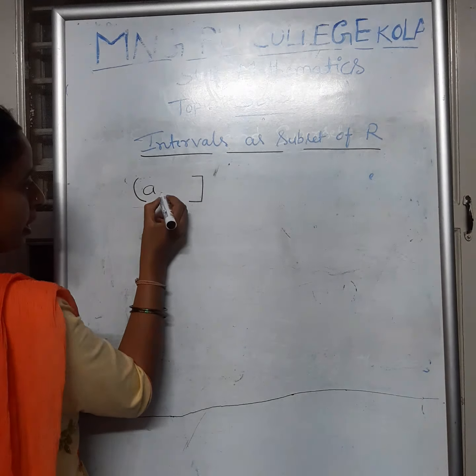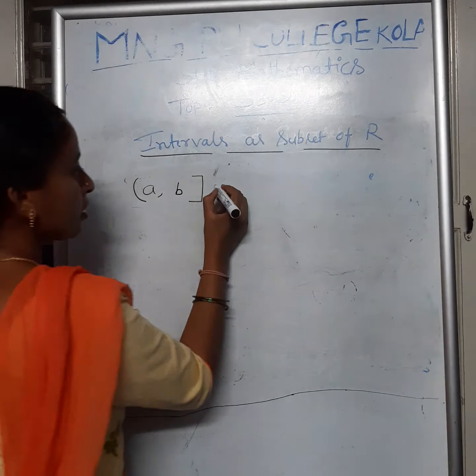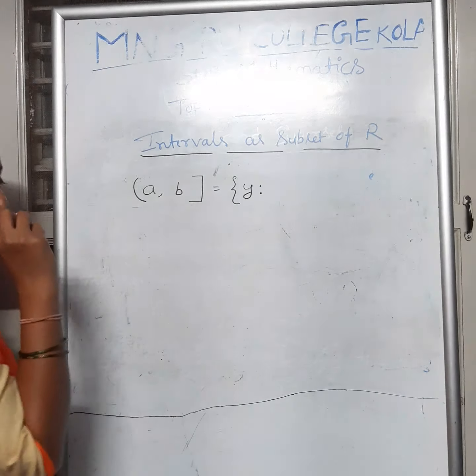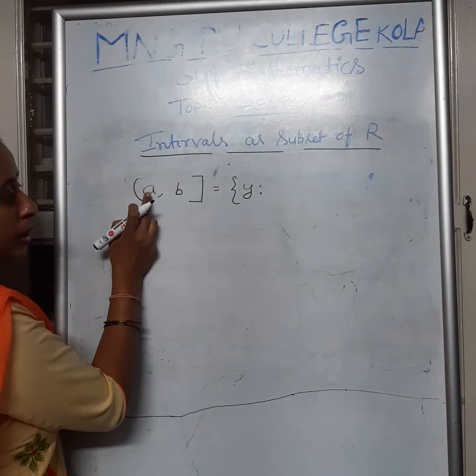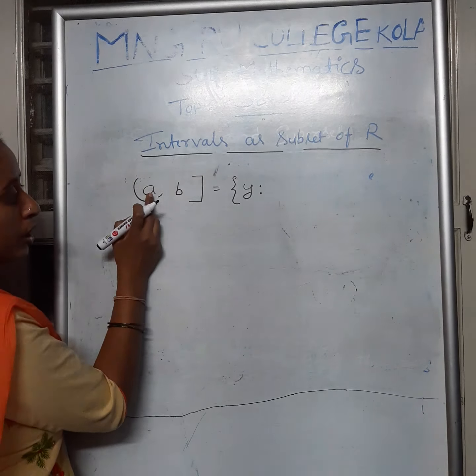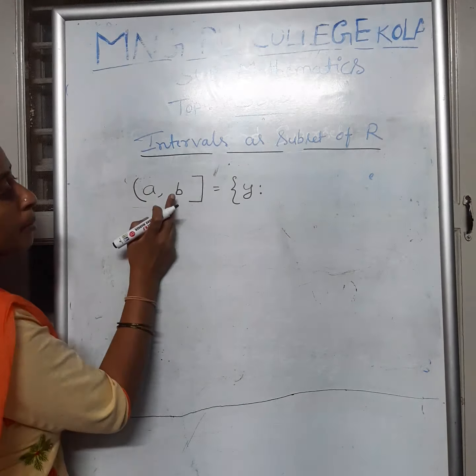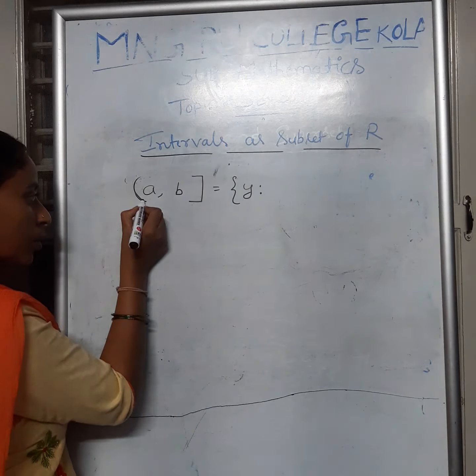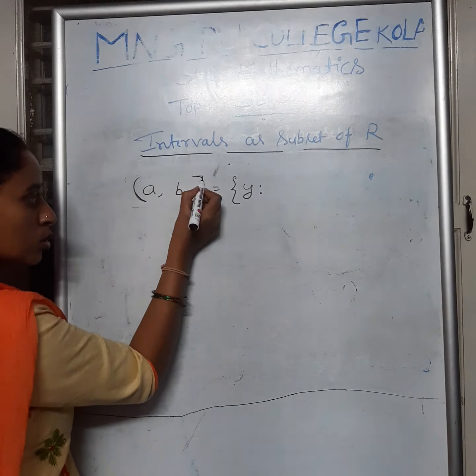Here (a, b] can be written as y such that a less than y less than or equal to b. This is called excluding A but including B, because this contains an open bracket and this contains a closed bracket.